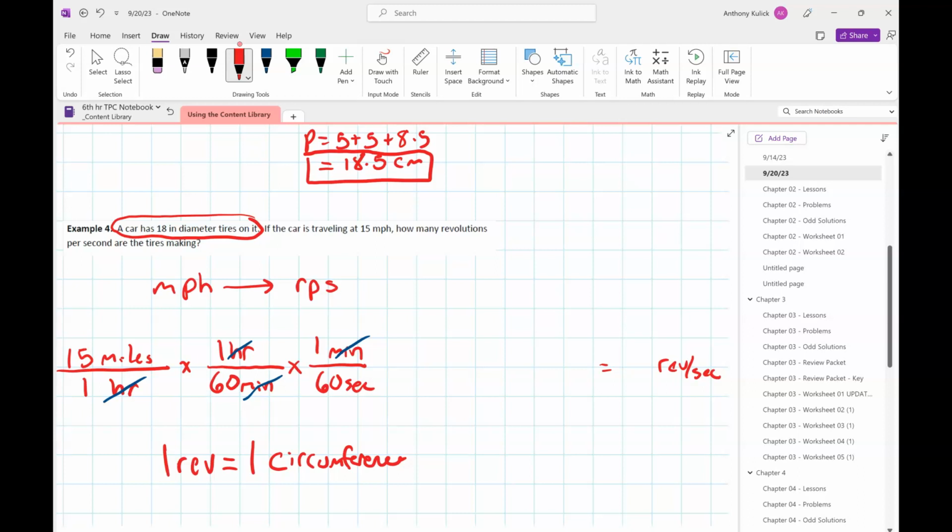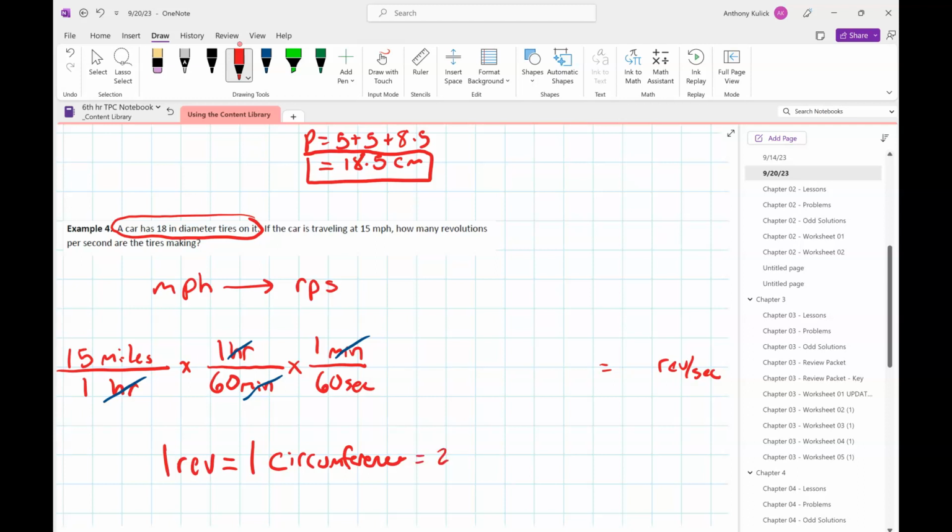You spin that wheel 1 time and you should go the distance around the wheel, right? That's how far that wheel will have rolled along the ground. Everybody's okay with that idea? Okay. So we need to go then from miles to revolutions via that circumference.